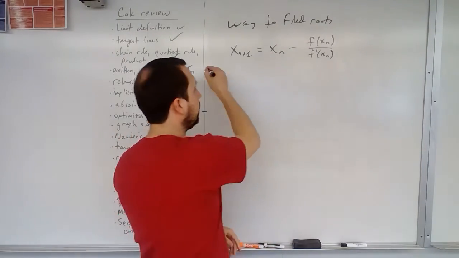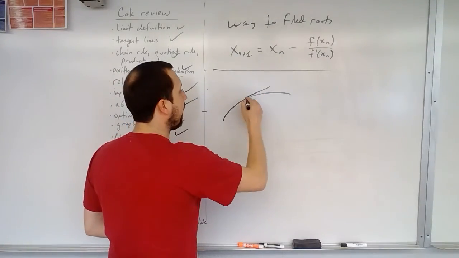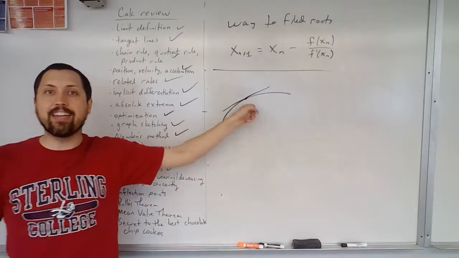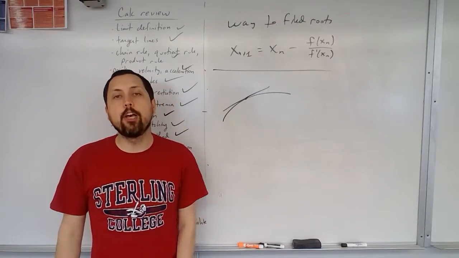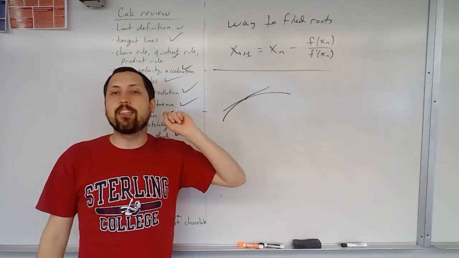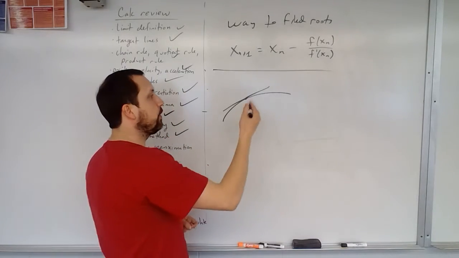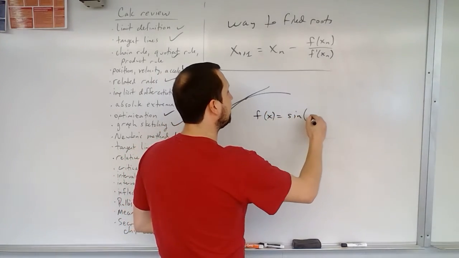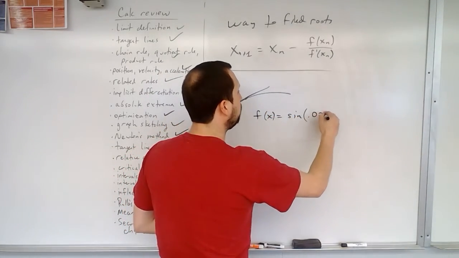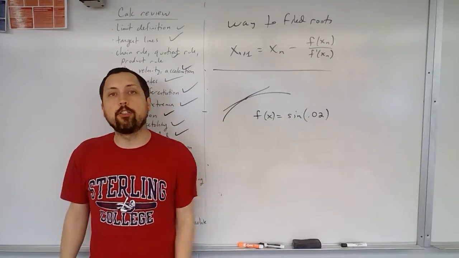Tangent line approximation was something that said that if we have a function, the tangent line is going to be pretty close to that function near that point. So we were able to approximate things using the tangent line because it's a lot easier to evaluate something like a tangent line. So we could do an example of, say, f of x is equal to sine of 0.02. If I want to approximate this number, that's really hard to do.